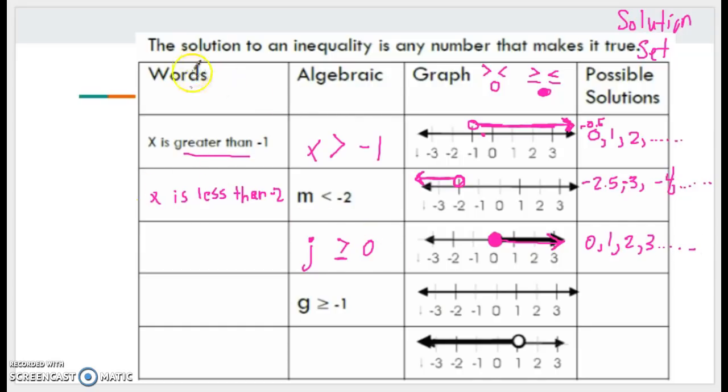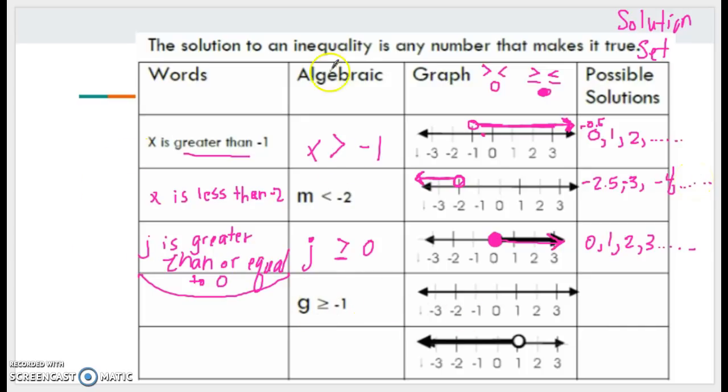To put it into words, we would say J is greater than or equal to 0. I'm running out of room here. We need to make sure that all fits in that box. All right, so there's that one.